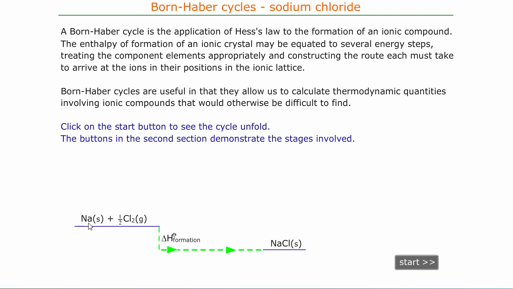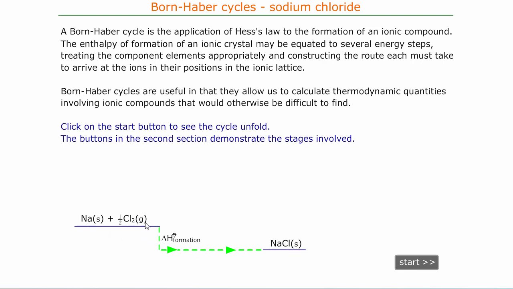Now, to write the equation for the enthalpy of formation, we have to form 1 mole of sodium chloride in its standard state, which is a solid crystalline lattice. So the equation is Na solid plus 1/2 Cl2, because we only need 1 mole of chlorine atoms altogether, makes sodium chloride solid.